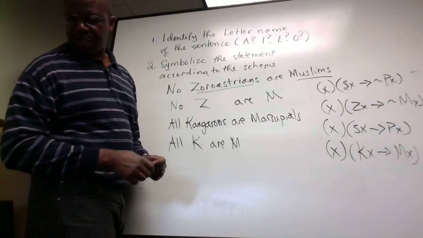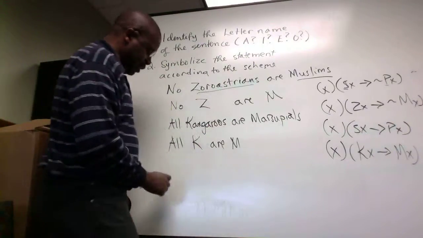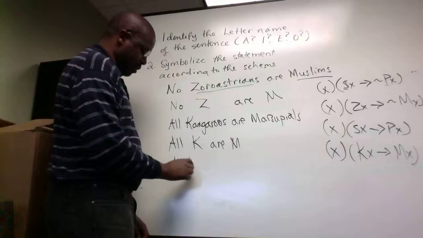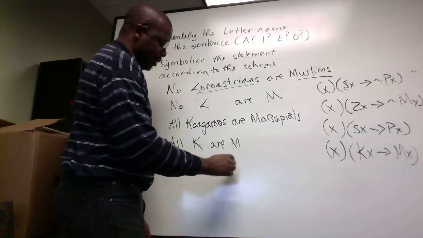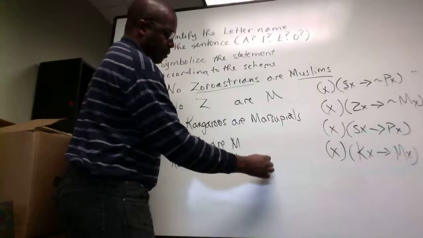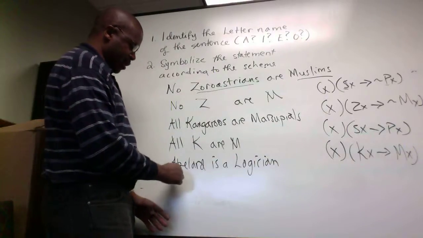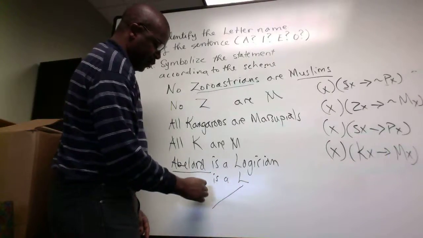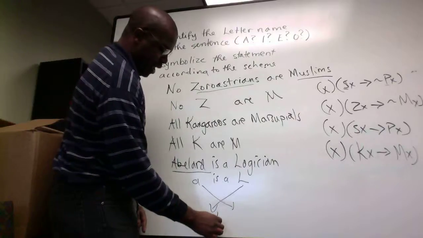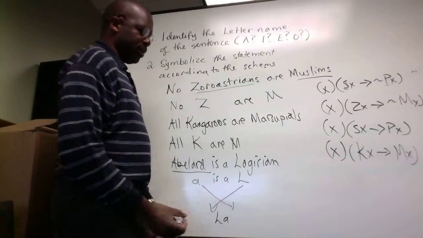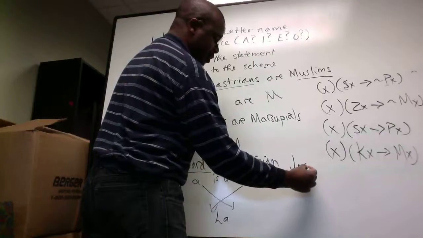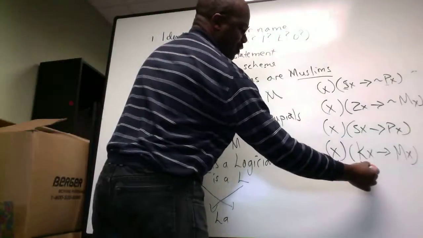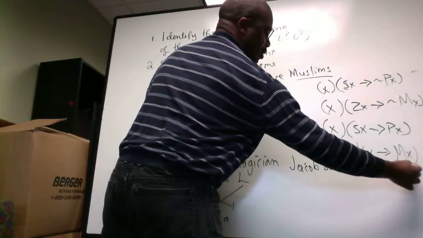Peter Abelard is a logician, but Jacob Boehme is not. That's fairly easy. It's like saying Abelard is a logician. Reduce that to A, is a logician, reduce that to L. They switch places so that you have LA. And Jacob Boehme is not a logician.